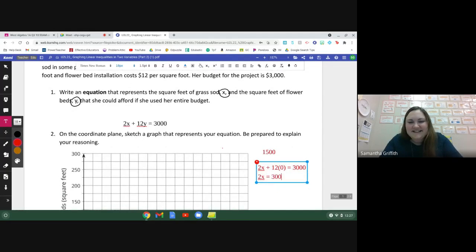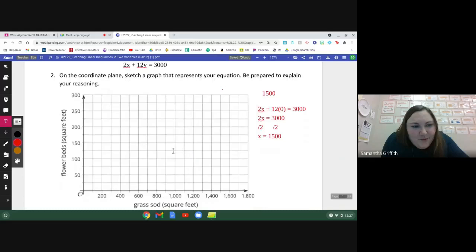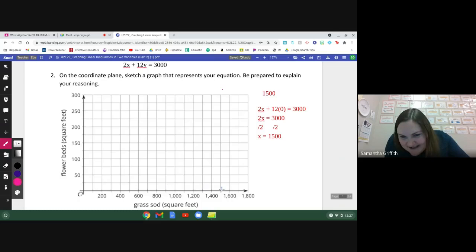That just gives us this. And then when we divide that by 2, we get that 1,500 Sheila was saying. So that's giving me 1 point on the line. If she buys 0 square feet of flower beds, that's 1,500 square feet of sod.